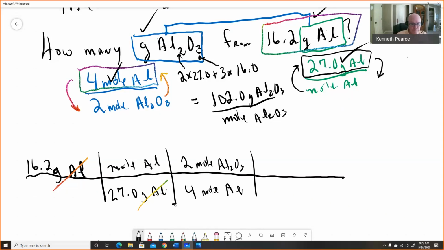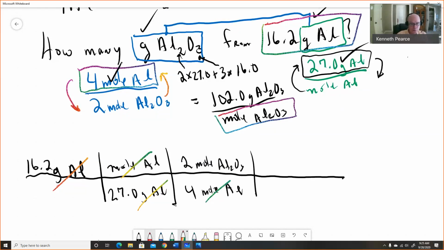And then finally, seeing that moles aluminum cancels moles aluminum, the only one left up there is the molar mass of aluminum oxide. And I know it's right because it's going to match up with the moles aluminum oxide. And so we can leave it like it is this time.